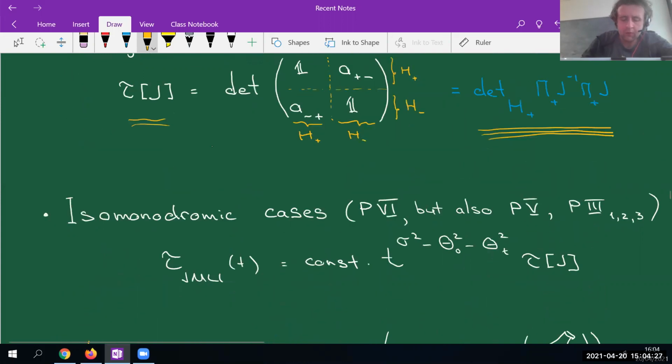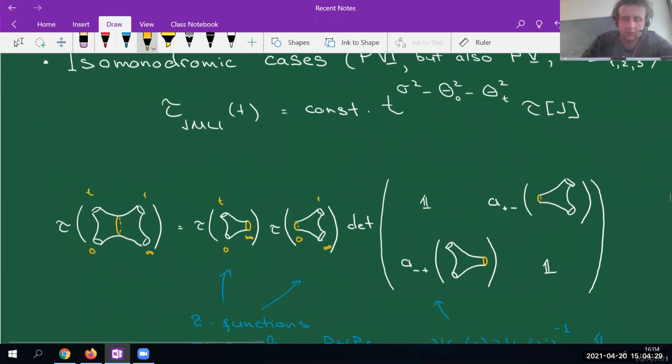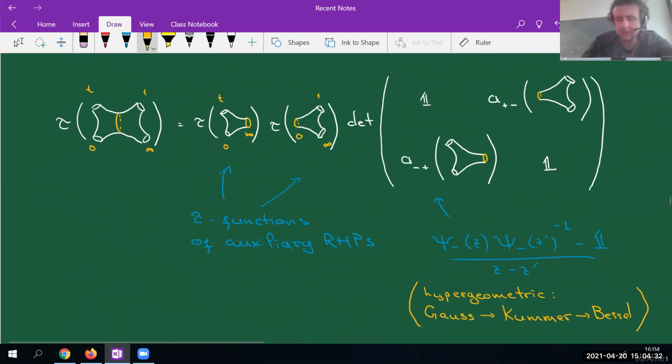Now, this formula is actually easier to understand, or at least to remember, in the graphical form. So here on the left, we have a 4-point tau function, that is the Jimbo, Miwa, Ueno tau function of a Fuchsian system with 4 regular singularities. And this factorizes into a product of tau functions of 3-point Fuchsian systems.